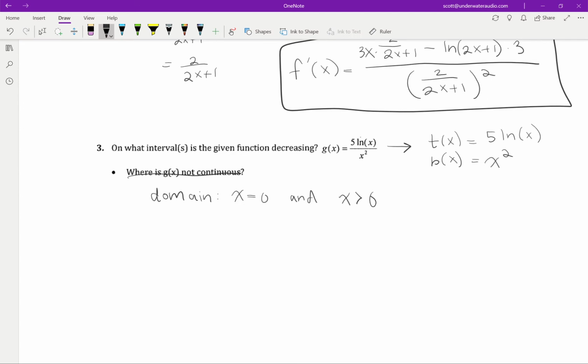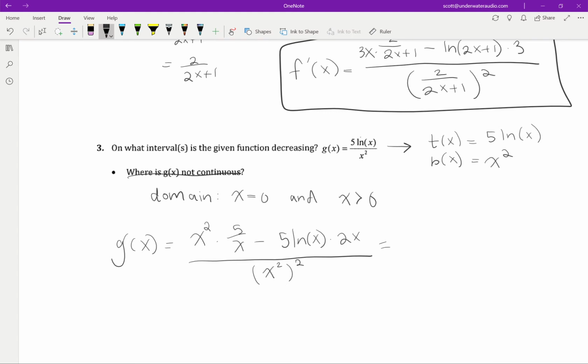This will help me when I do a number line, but for now, if I want to know where something's decreasing, I need to take the derivative. So I need g prime of x so that I can find critical points. This is a quotient rule, so it's the bottom times the derivative of the top minus the top times the derivative of the bottom all over the bottom squared.